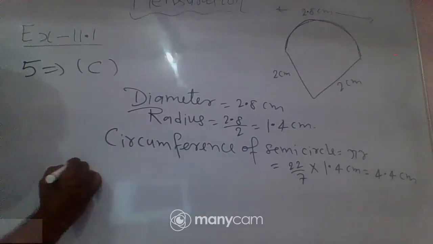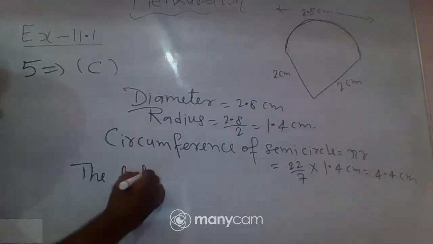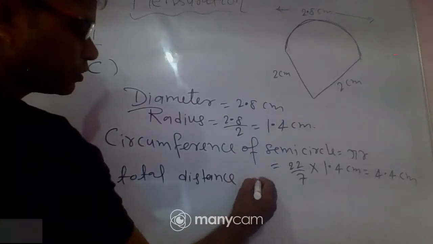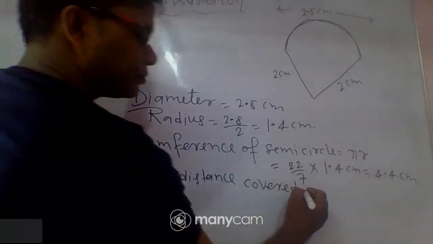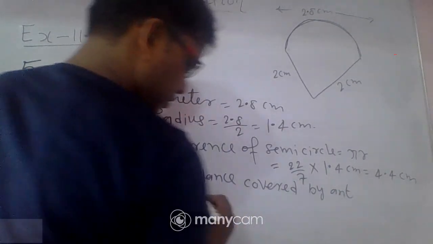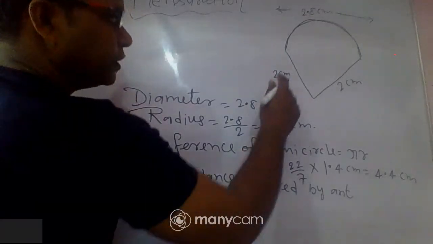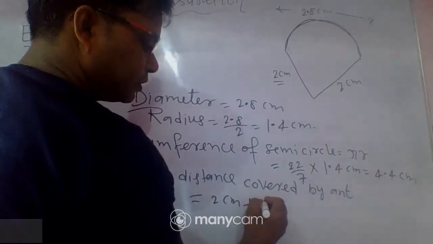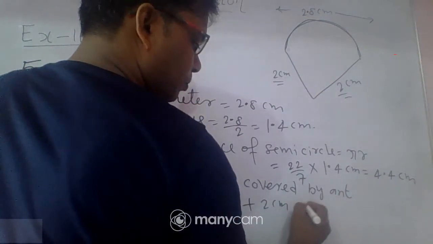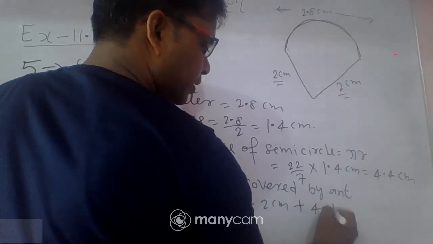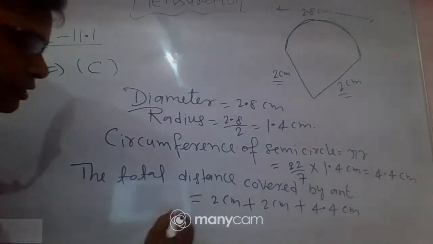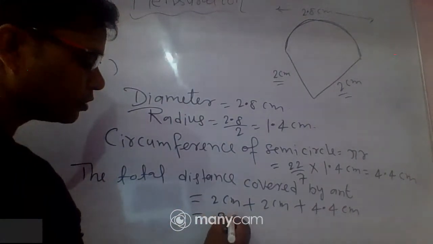Now the total distance covered by the ant is 2 centimeters plus 2 centimeters plus 4.4 centimeters.